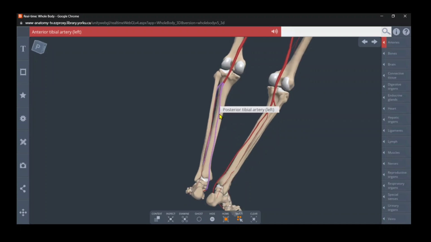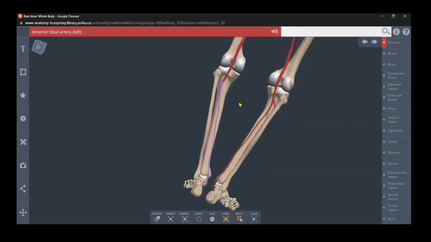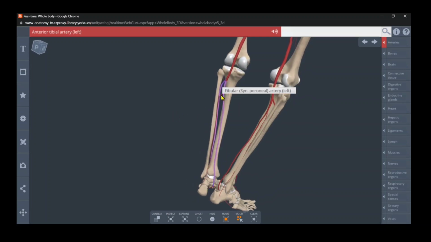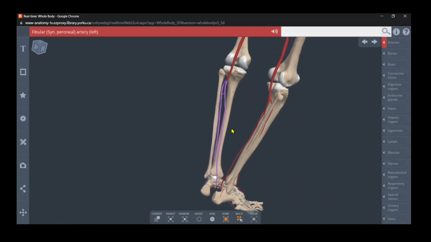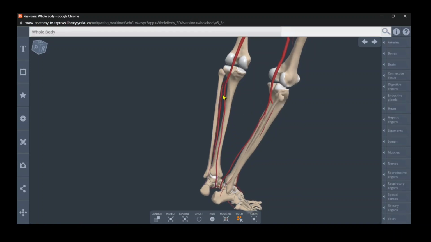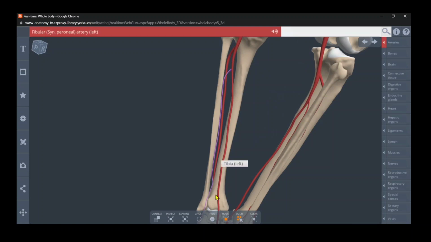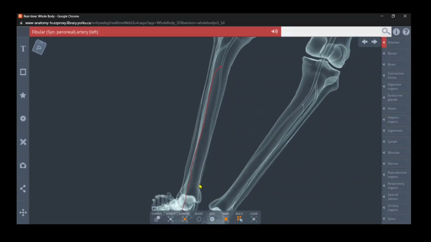Your posterior tibial artery gives off a branch. Of course it does. And that's called the fibular artery, fibular or peroneal. If I deselect the fibular artery, you can see it on its own right here.